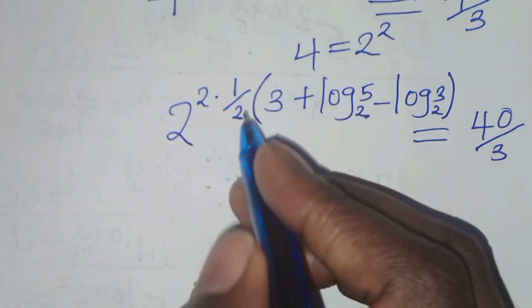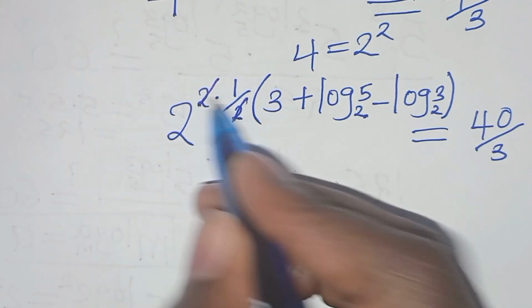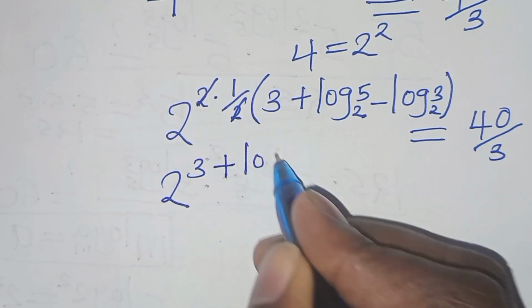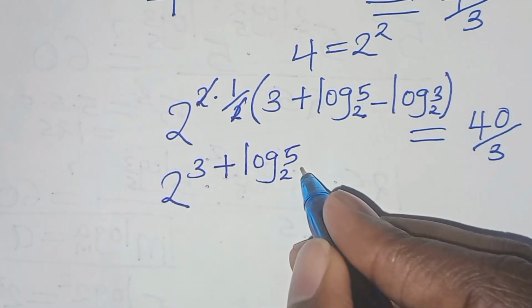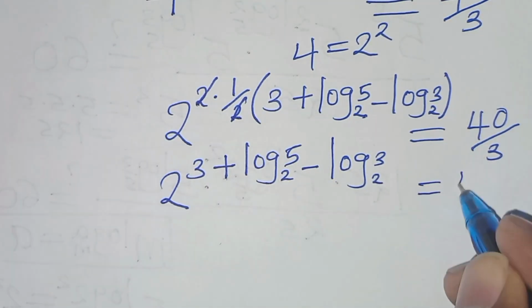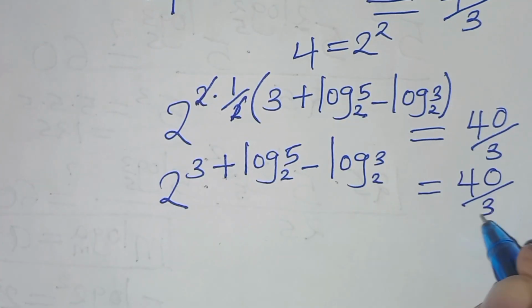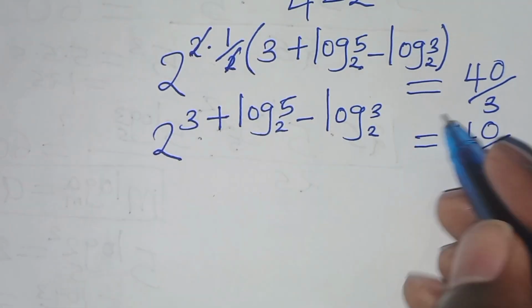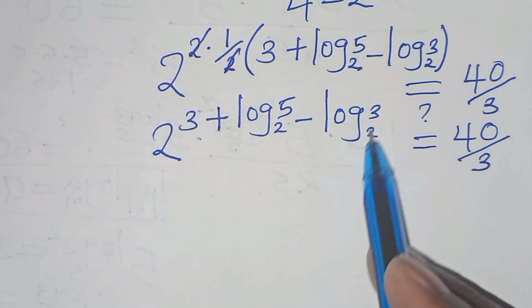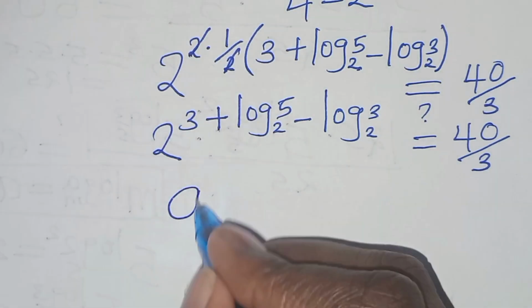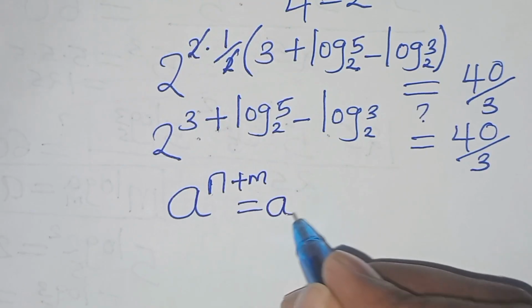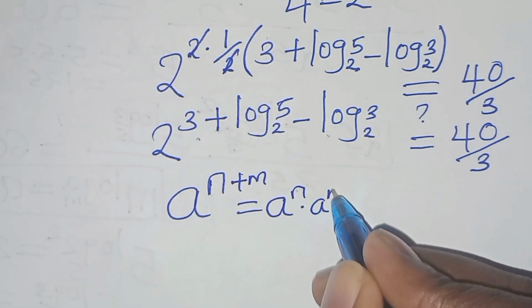Now, the next step is to simplify here by 2 by 2, so that now we have 2 to power 3 plus log 5 to base 2 subtract log 3 to base 2, and this is supposed to give us a value of 40 over 3. So let's check if this is true. Now, 2 to power 3 plus log 5 to base 2 subtract log 3 to base 2. This is in the form of a to power n plus m, which we can express as a to power n times a to power m.